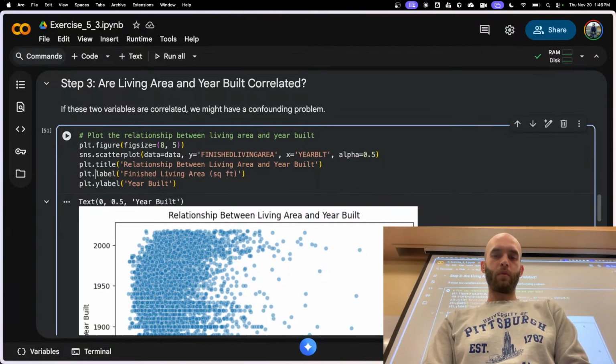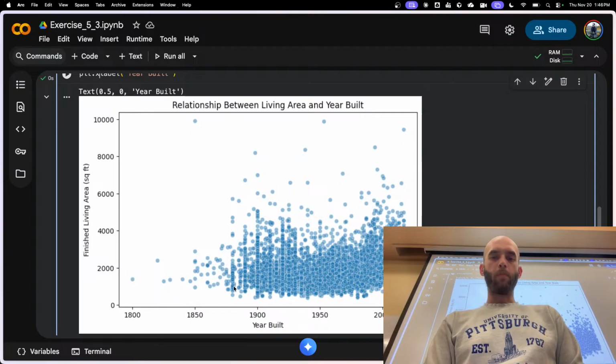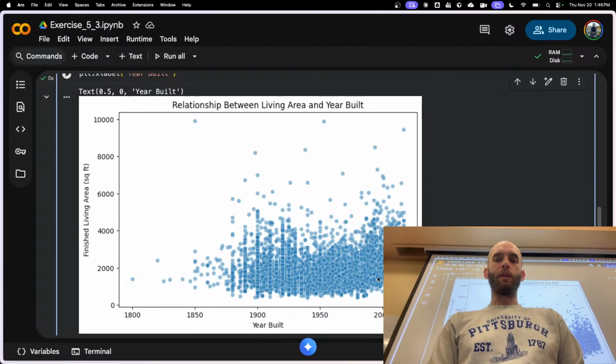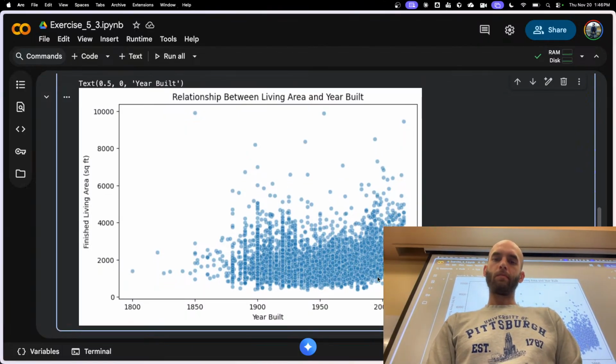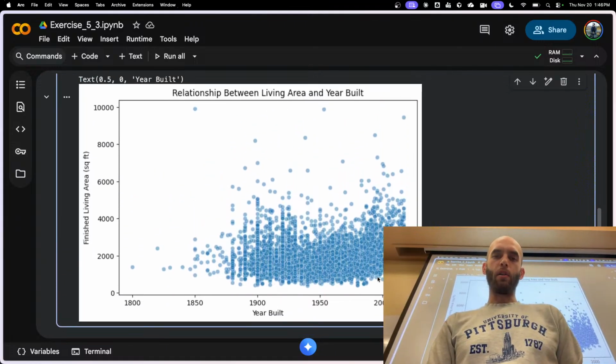So this might give us a nicer model. You can see this is slightly upward sloping. So newer houses tend to be a little bit larger. And then we could build a statistical model of this if we liked.